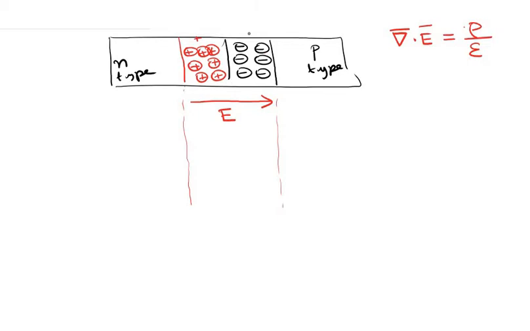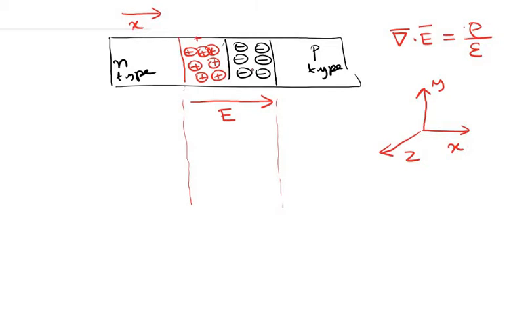so let us consider that this direction is the x direction. Okay, so let us consider this direction to be x, this is y, and this direction is z. Along the y and z directions, this bar is uniform, so there is no variation in charge density if I move along the y and z directions.